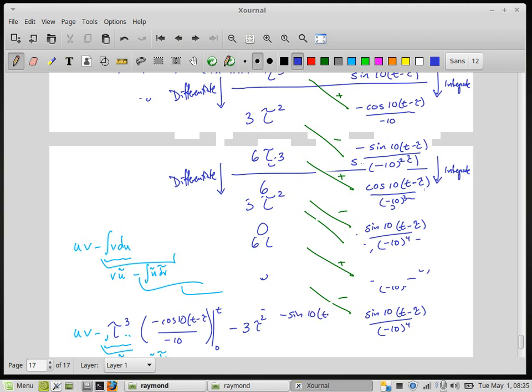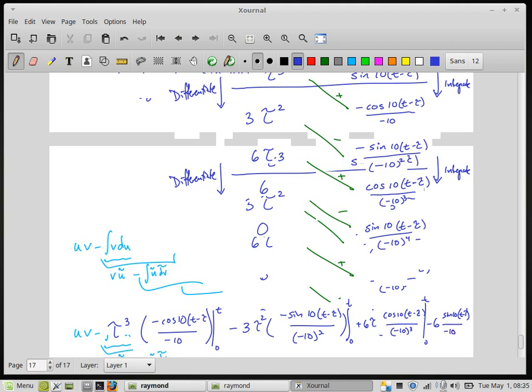I'm going to put parentheses around that so that we remember that it's not a subtraction but a multiplication, plus 6 tau cosine 10 t minus tau over minus 10 cubed, and then a minus 6, that's 0 to t, minus 6 times sine 10 t minus tau over minus 10 to the fourth. And that's evaluated from 0 to t.